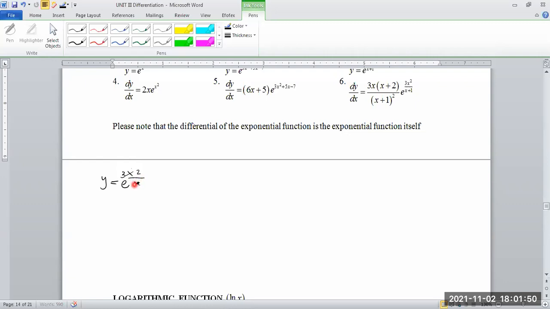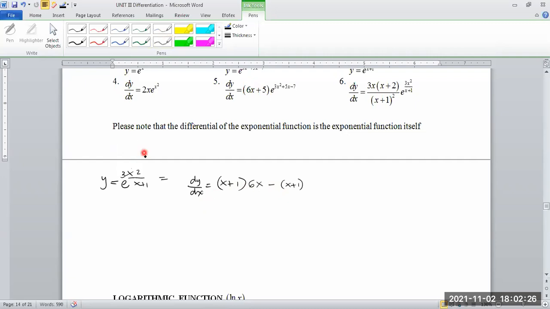over x plus 1. So remember, what is happening here is I'm going to differentiate my quotient. My dy by dx is going to be equal to the denominator, which is x plus 1, times the differentiation of the numerator. When I differentiate the numerator, 3x squared, I'm going to get 6x, times the numerator, minus the numerator.